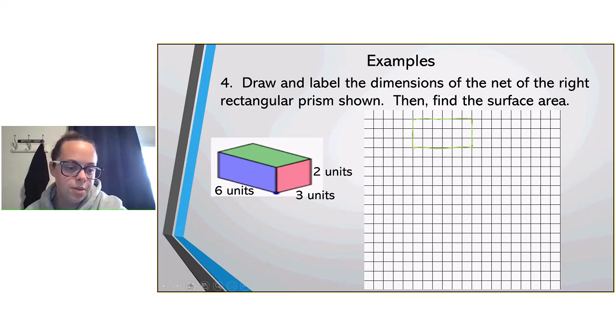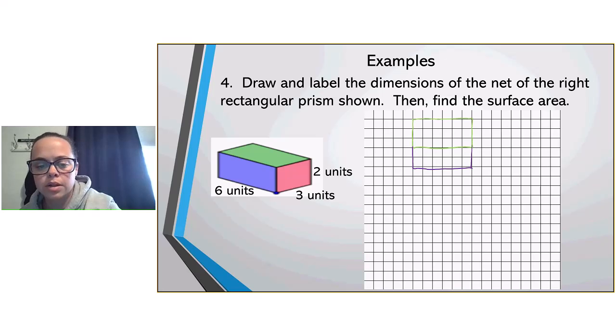I'm going to switch over to purple because now I have this front face that is a 6 across by 2 in the height. Hang on one second. So 6 across and a 2 height.